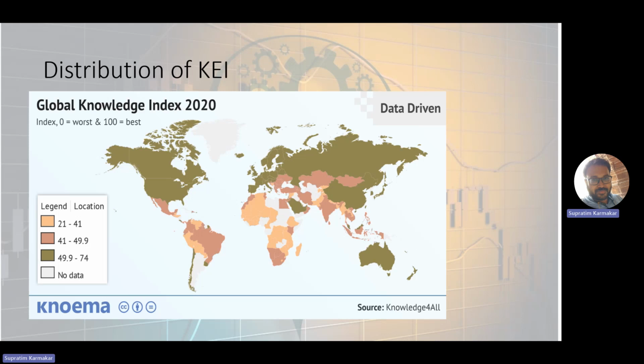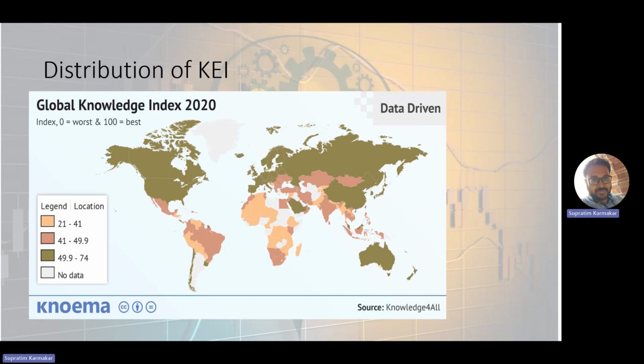Here you can see the United States of America, all the East European and West European countries, Australia, some part of South America, they are sharing the most percentage share of the knowledge base, which is required for the knowledge economy, which the workers need.